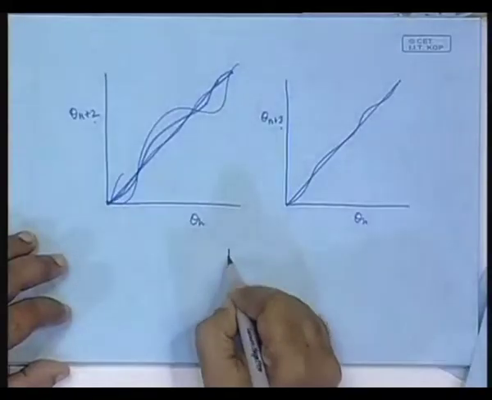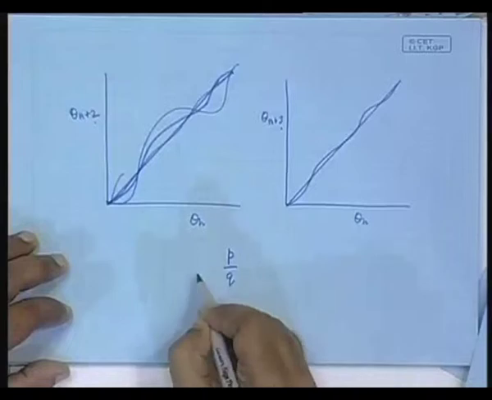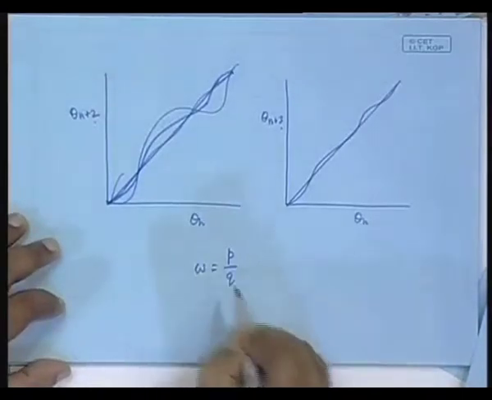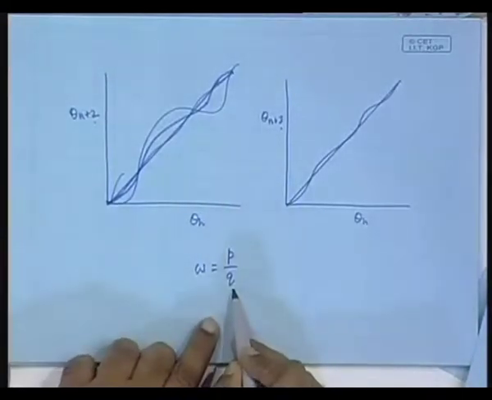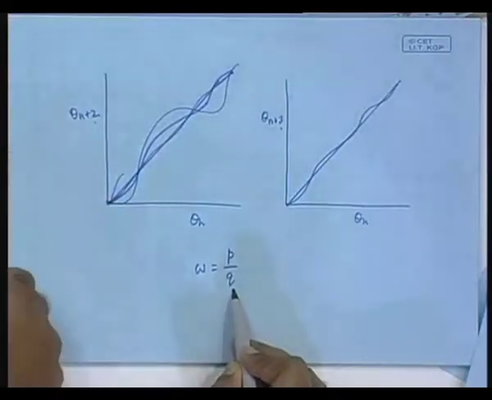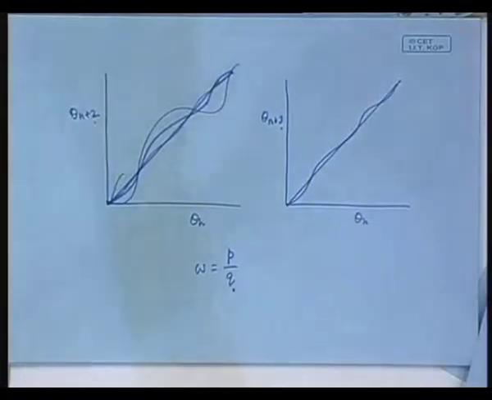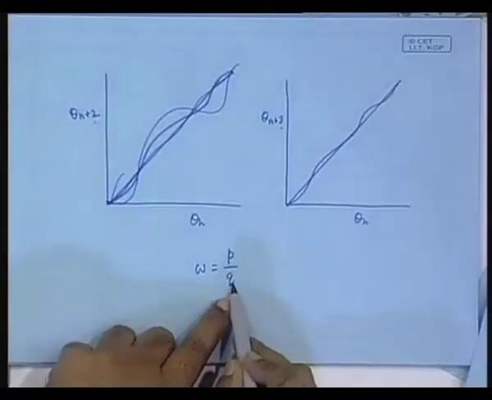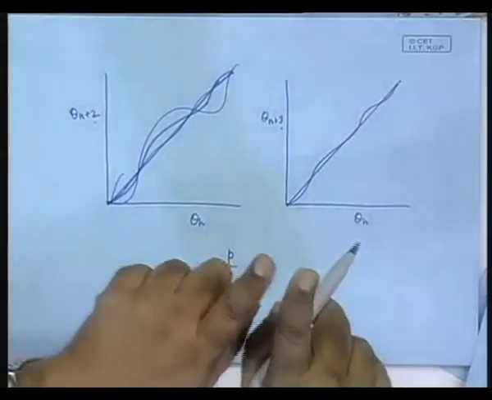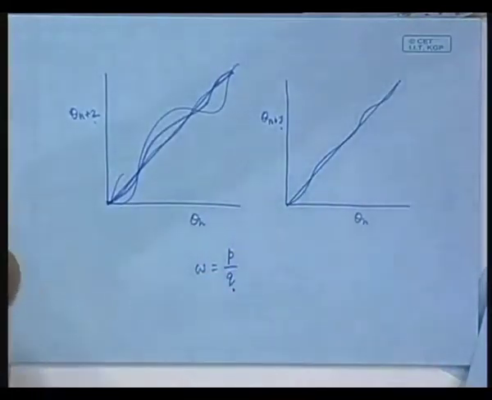Now, the periodicity, you will notice that if the winding number is p by q, then periodicity is this q, the denominator, right? Periodicity is q, the denominator. As a result, you would immediately conclude that the larger the denominator, the smaller will be the range of the parameter for which it will occur.